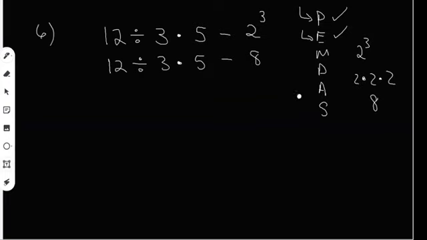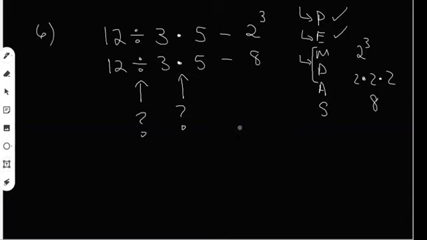Okay, so now we're ready to get into the multiplication and division. But what comes first? The division or the multiplication? Which one comes first? Do you know? Well, there's a simple way to tell, right?